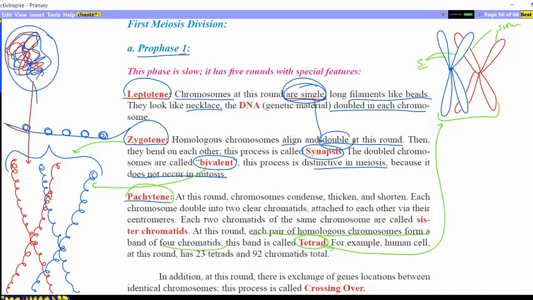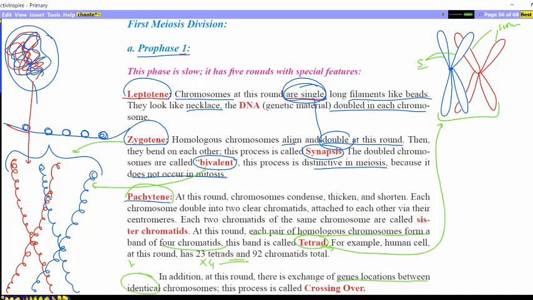For example, a human cell at this stage has 23 tetrads times 4 equals 92 chromatids in total. In addition, at this stage, there is exchange of gene locations between identical chromosomes.